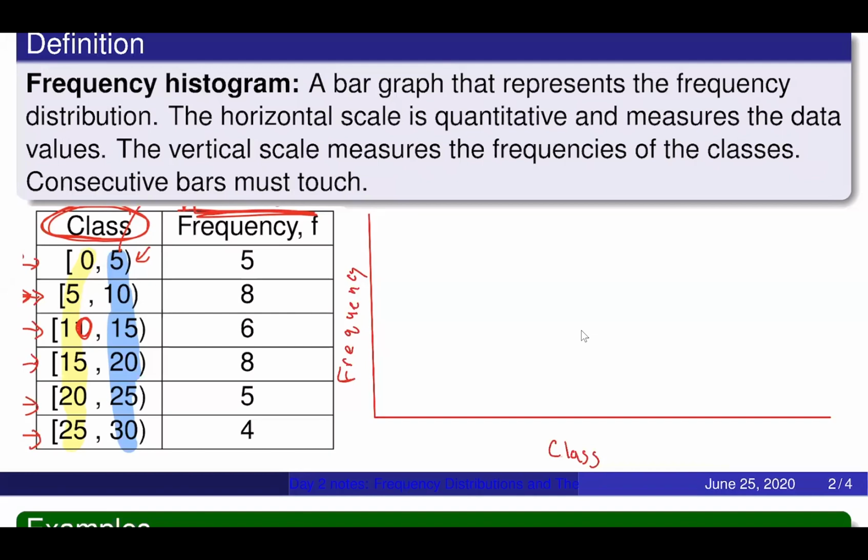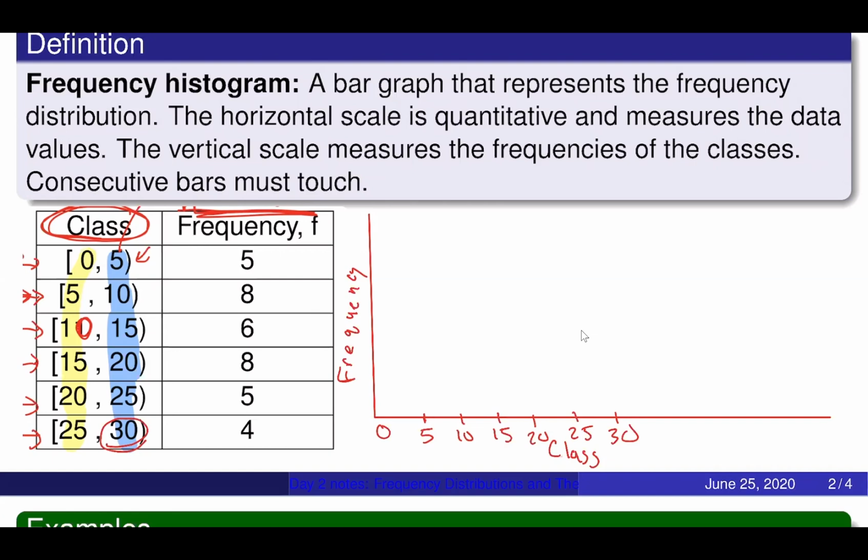So we're going to do 0, 5, 10, 15, 20, 25, and lastly, 30. I get that by using the lower class limits and the very last upper class limit. So you go all the way from 0 to 30, and we're just jumping by 5 because that's our bin width. Everybody so far good with that?